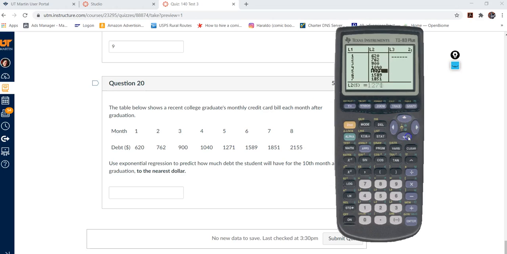And 1, 2, 3, 4, 5. Okay. Stat, go over to calc. It said use exponential regression, so that's what I'm going to do for list 1 and list 2.